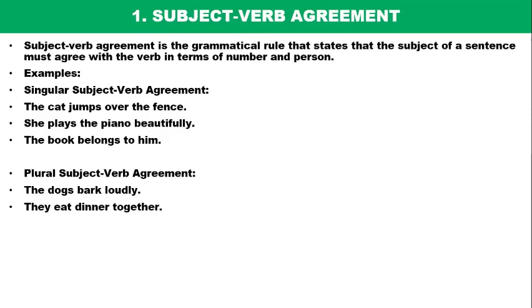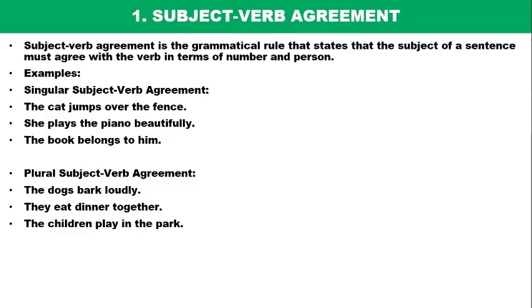They is the plural subject, and it agrees with the plural verb eat. Next, we have the children play in the park. The children here is a plural subject, and play is the plural verb. So you have the plural verb being used with the plural subject.